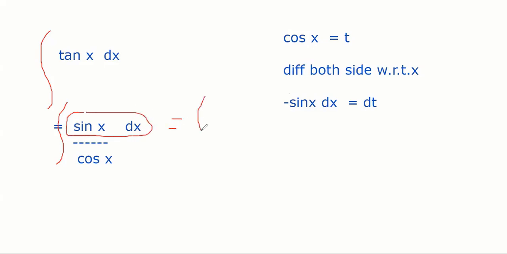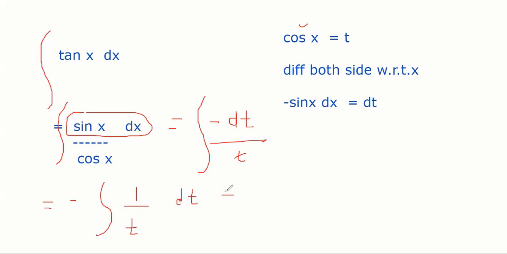So this becomes the integration of sin x dx, which is minus dt, by cos x, which is t. So this becomes minus integration of 1 over t dt. Correct? What is the integration of 1 over t? Minus is there as it is. The integration of 1 over t is log of t.